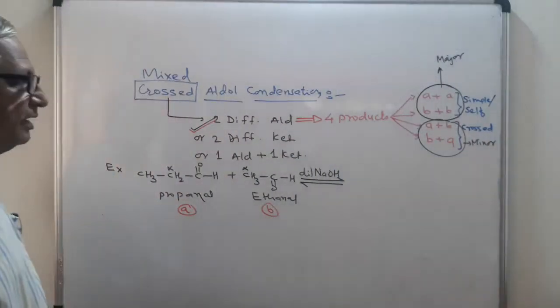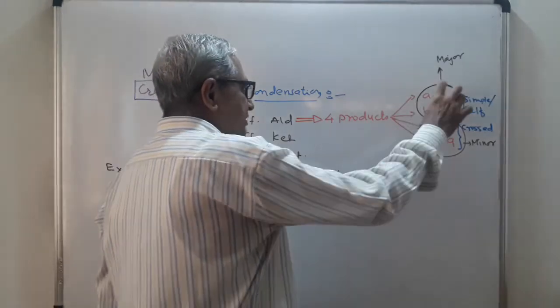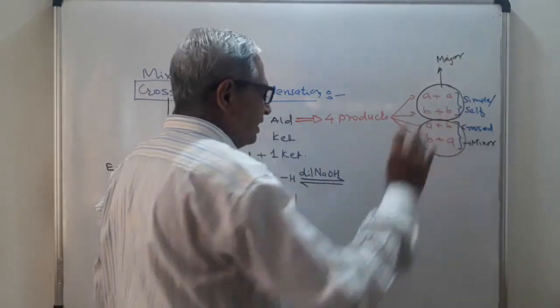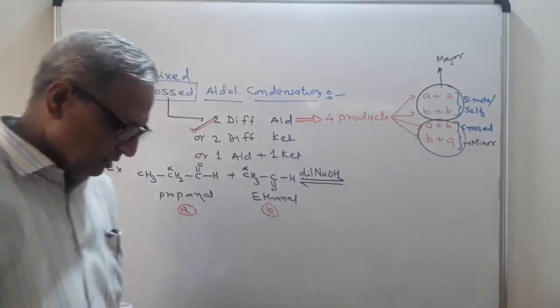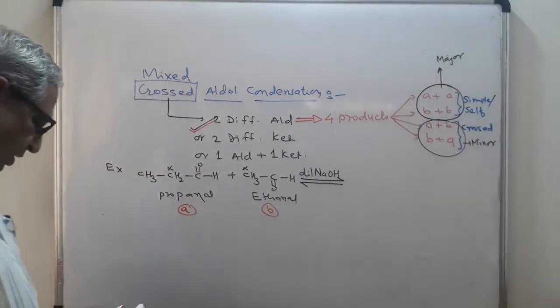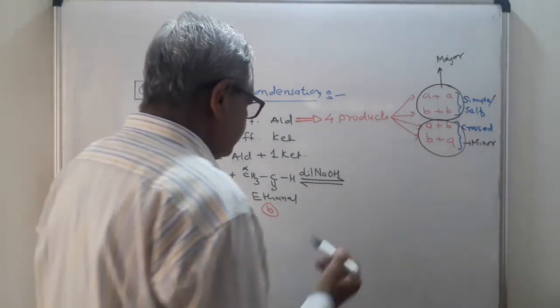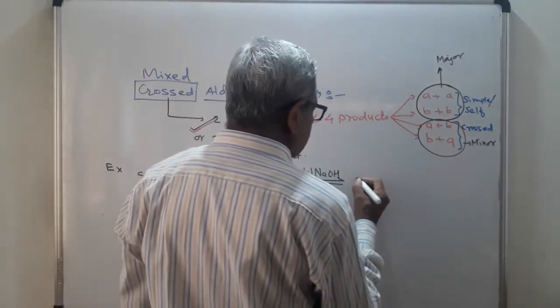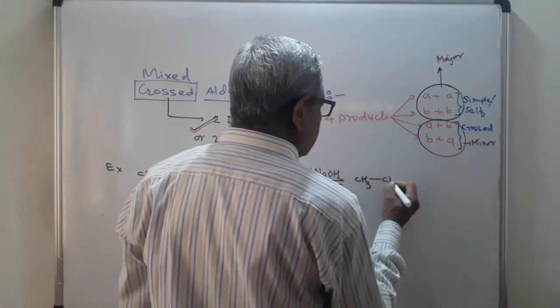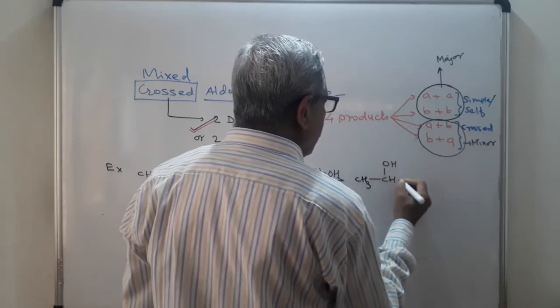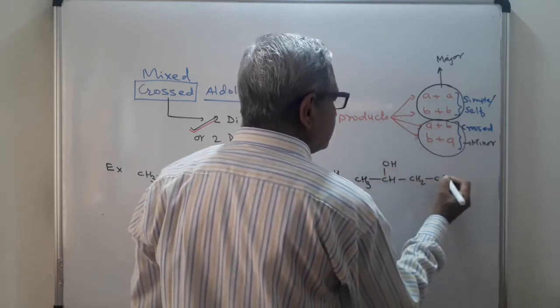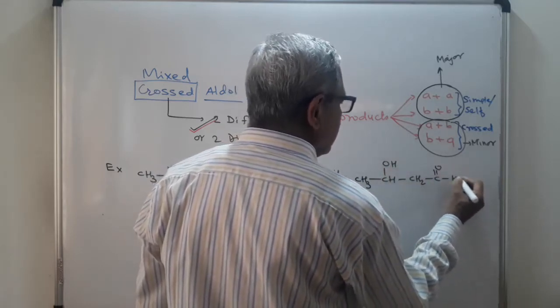Now I will explain these four products, why these are major products and why these are minor products. I will write the first product here: CH3CHOHCH2CHO.